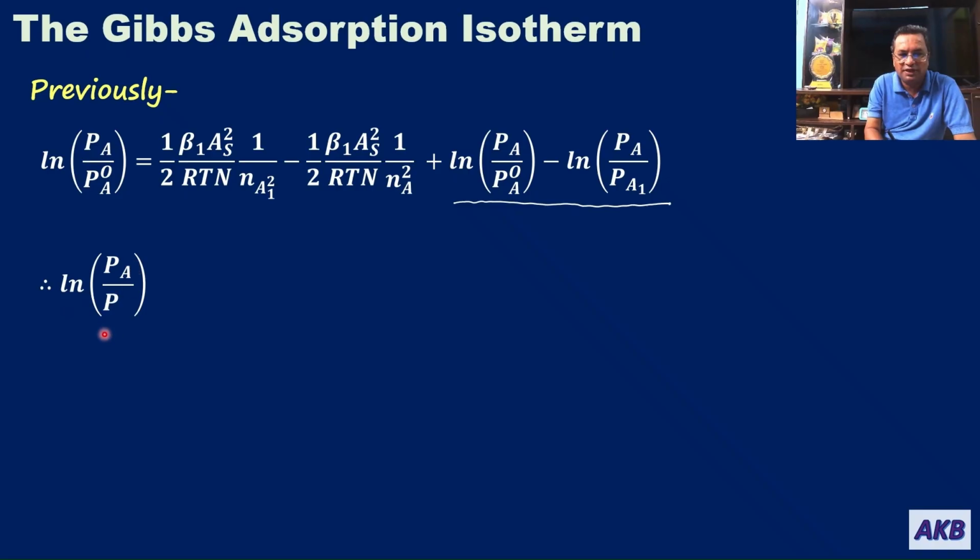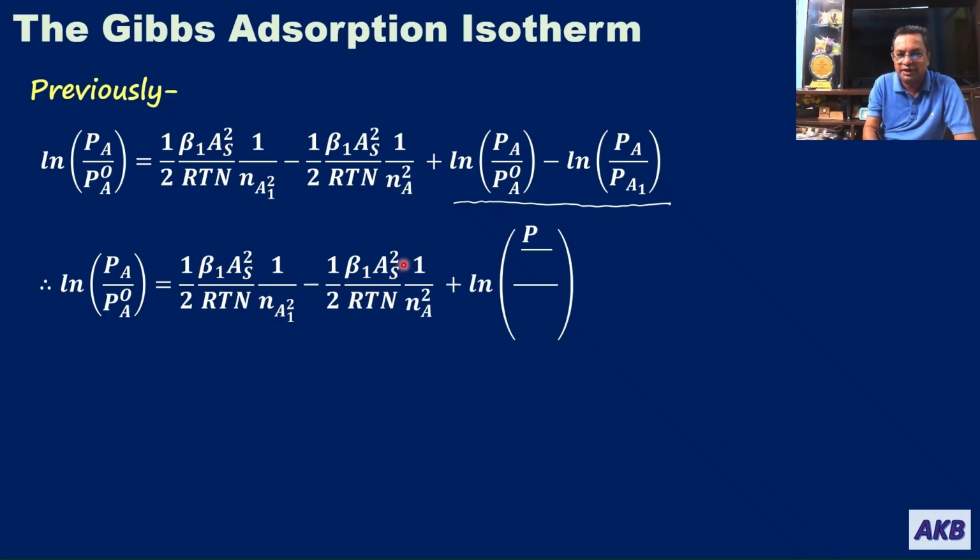So we are going to use that identity only. So ln of PA upon PA naught is equal to 1 by 2 beta 1 A square upon RTN into 1 upon NA1 square minus 1 by 2 beta 1 A square upon RTN into 1 upon NA square plus, now I have used the logarithmic identity. So this is ln of PA by PA naught upon PA upon PA1.